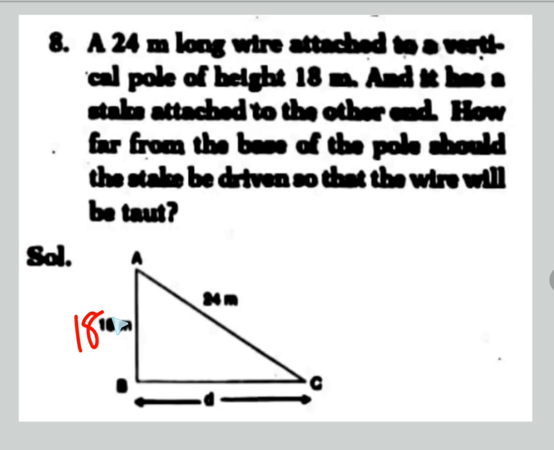The wire is 24 meters. The stake is driven so that the wire will be taut. We have to find the distance between B and C.